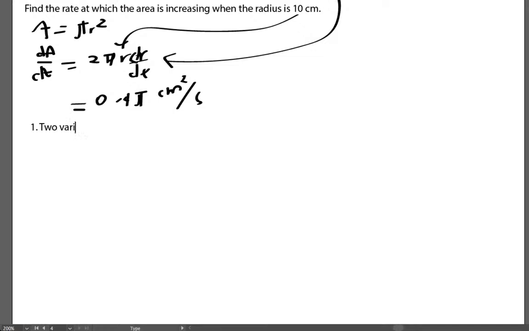Two variables, x and y, vary in such a way that x plus y equals 2. Another variable, z, is defined by z equals x squared plus y squared.